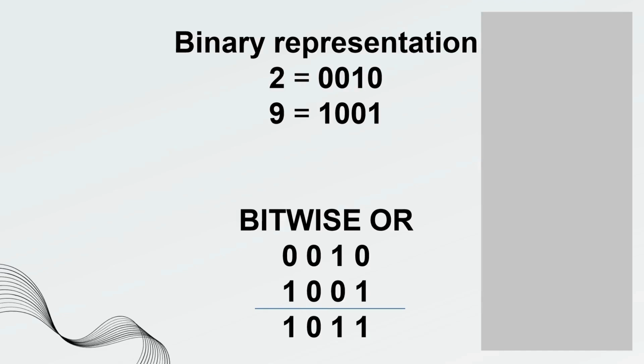Finally, we have the value 1011 as the result, which represents 11 in integer form. The truth table for bitwise OR operator is same as a simple OR operator, and same scenario is true for AND and NOT operator. For the remaining operators, we'll discuss them later in the video when we are implementing these topics in IntelliJ.